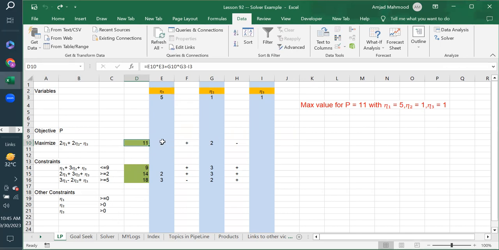So you get the result. For example, your algebraic objective is 2 times n1 plus 2 times n2 minus 1 time n3, right?